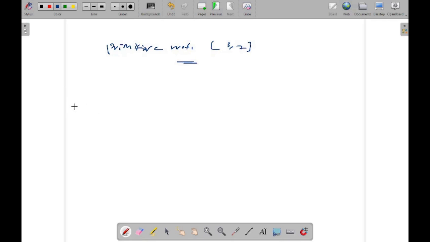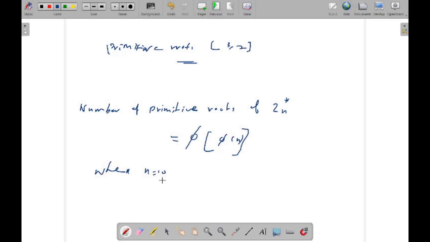Then the number of primitive roots of Z_n star is equal to phi of phi of n. In our case, phi of 10 is 4.